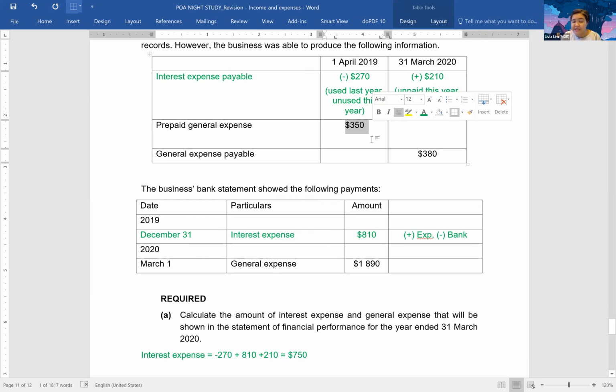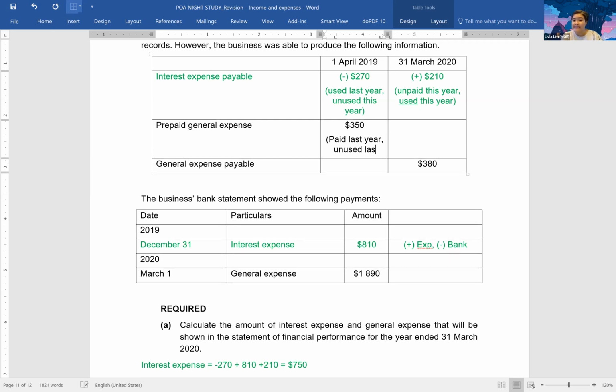All right, there's a prepaid general expense of $350 at the beginning of the year. Prepaid at the beginning of this year means prepaid at the end of last year, right? So you paid last year, but it's unused last year.